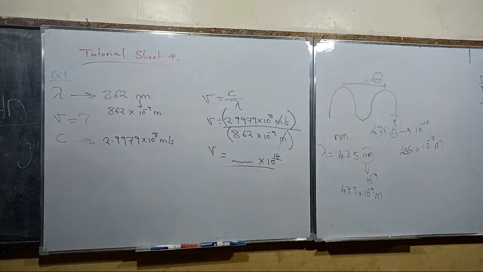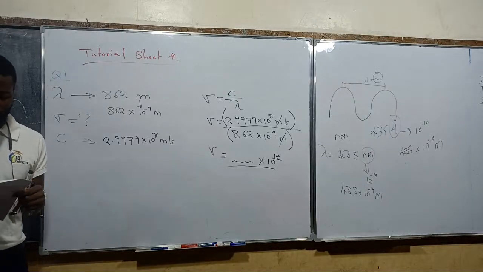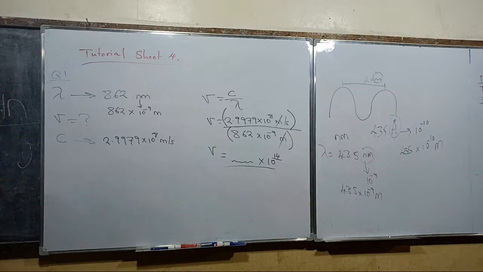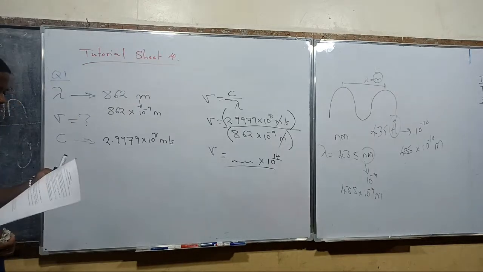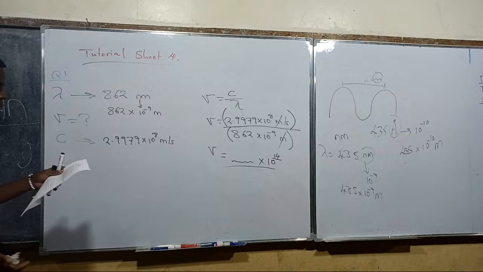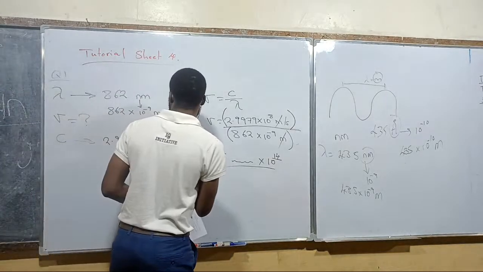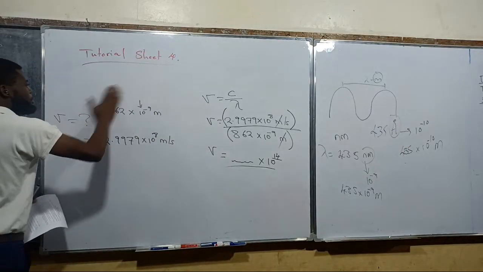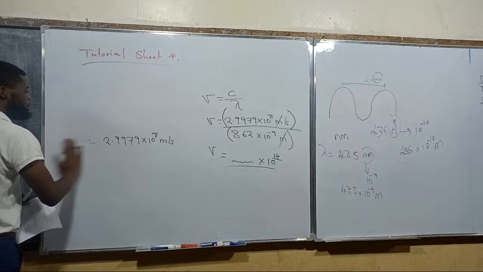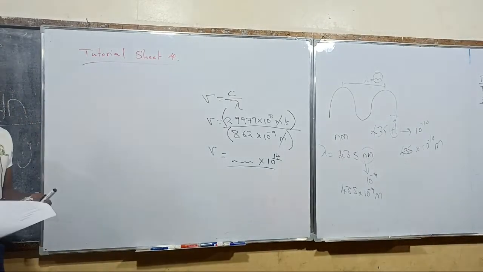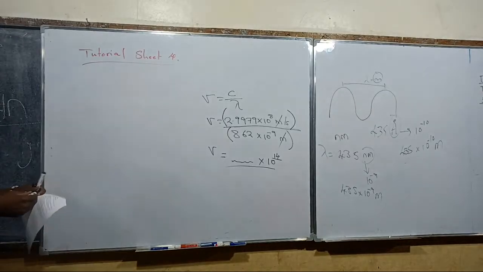What is the energy of a single UV photon having a wavelength of 278 nanometers?